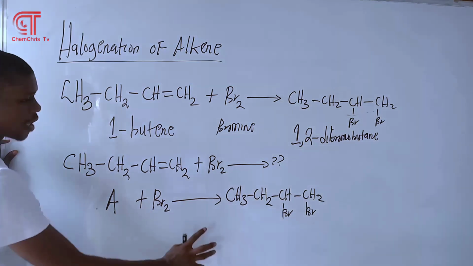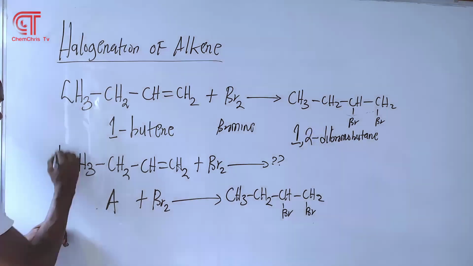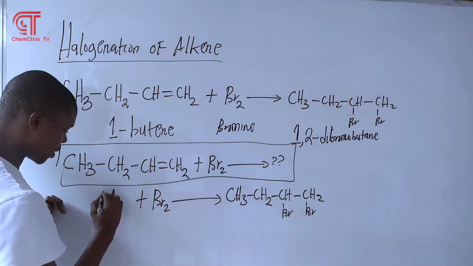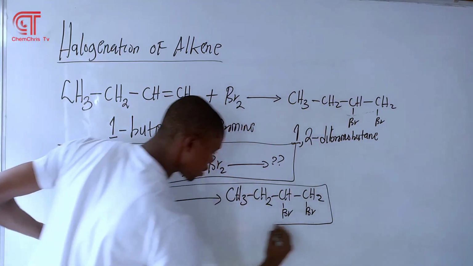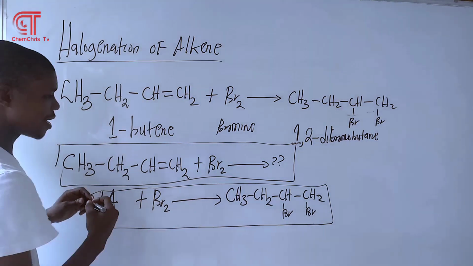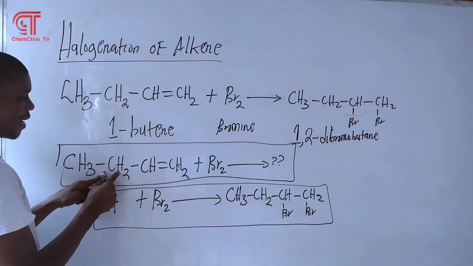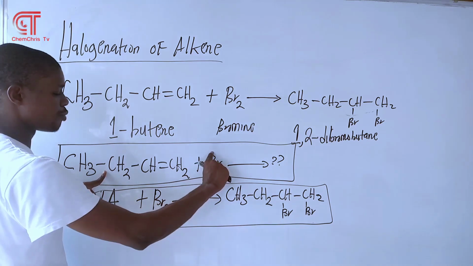In the exam, please look at something here. You can either see it in this format, or you may see it in this format. They are asking you for the product of the reaction when 1-butene reacts with bromine gas.